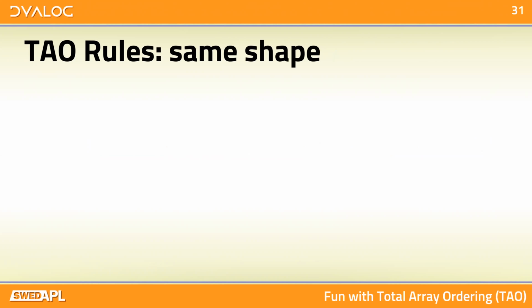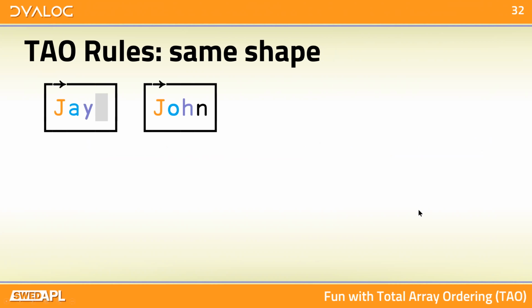So now let's look at arrays that are not scalar, larger arrays. But for now, we're limiting it to arrays that have the same shape. So for example, here are two 4-element vectors. The way we do it here is that we compare them scalar by scalar from the beginning in ravel order.